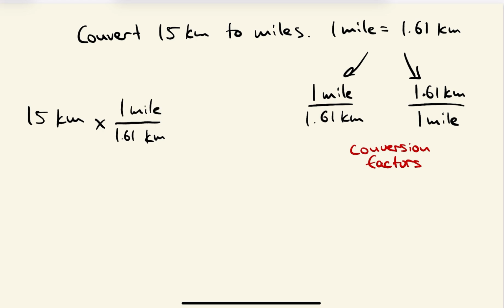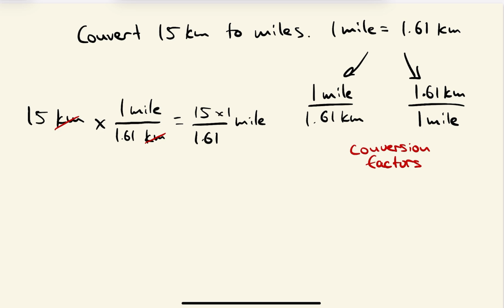And the reason why we use this conversion factor is that our units of kilometers will nicely cancel out, leaving us with our final units of miles. So what we will do is take 15 times 1 over 1.61 miles, and we will simply compute that into our calculator.